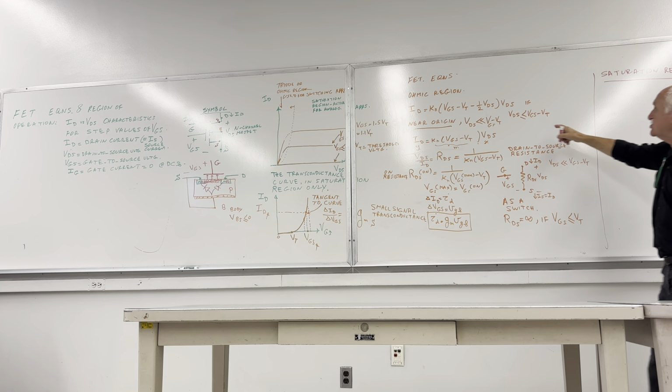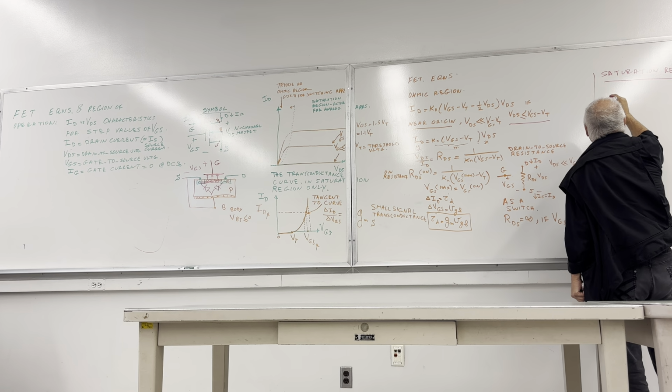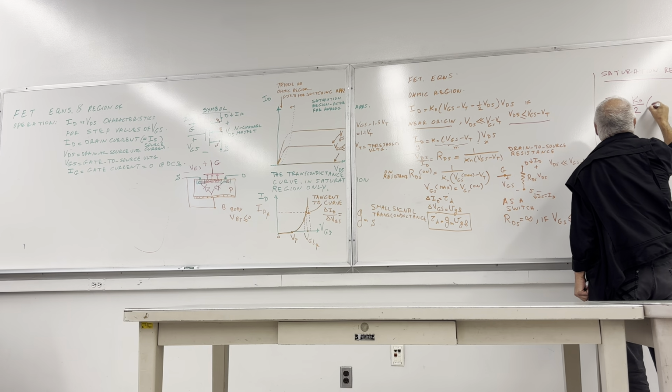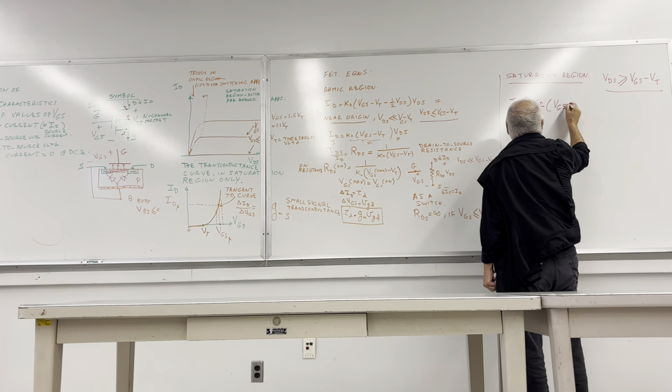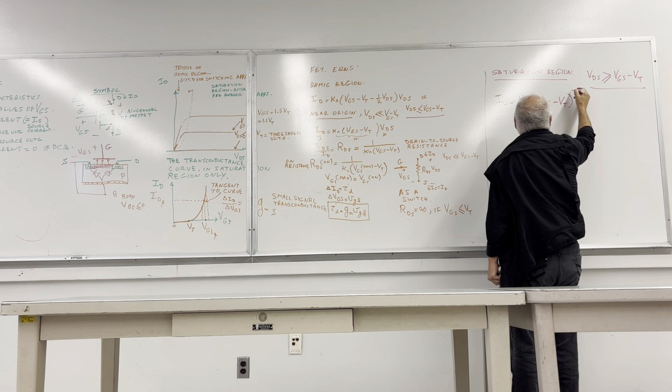So that was less, this one is more, equal or more. What happens when they are equal? I will show you what happens then. So when it is greater or equal, we will get ID equal to Kn, which is a conductivity constant, over 2 times VGS minus VT to the power 2.